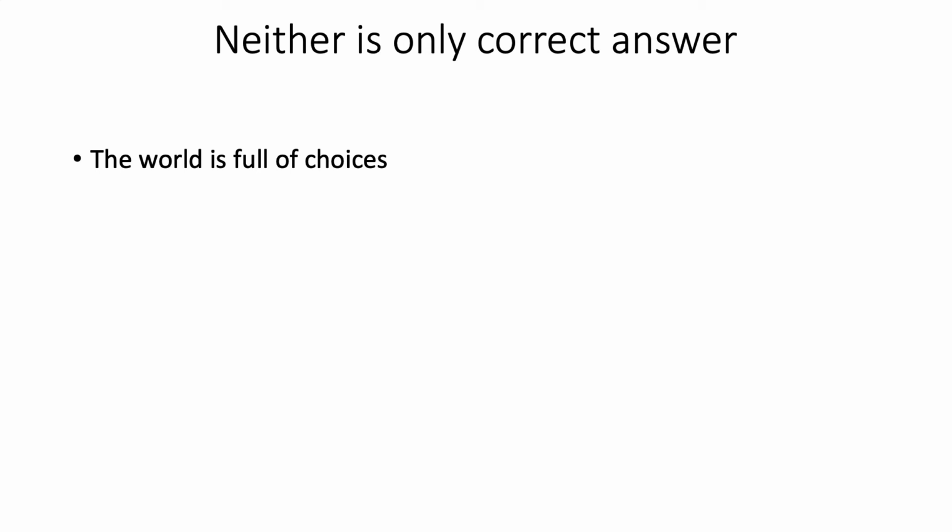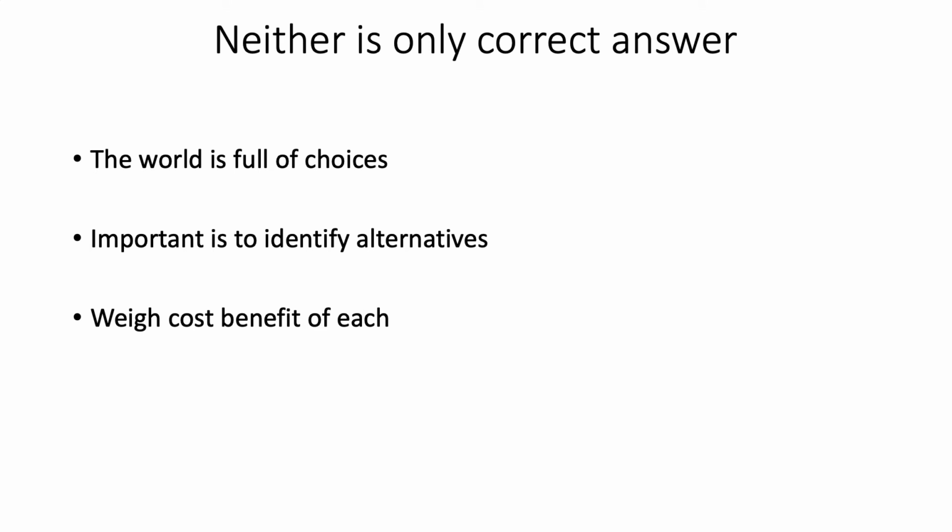Okay, neither one is the only correct answer. The world's full of choices, and I do not in any way want to tell you that this is the only way you can do something. The important thing is to identify the viable alternatives, weigh the cost and benefit of each, pick one.